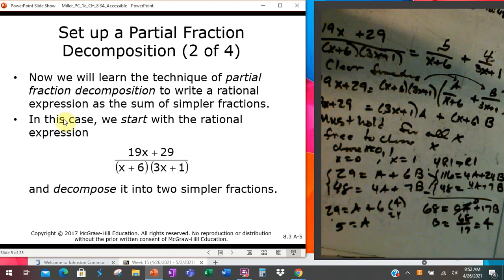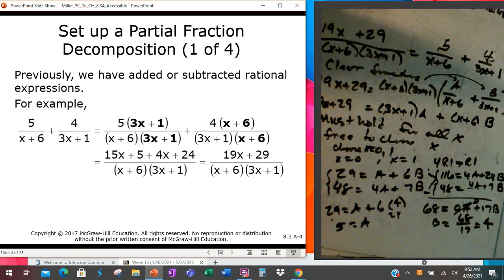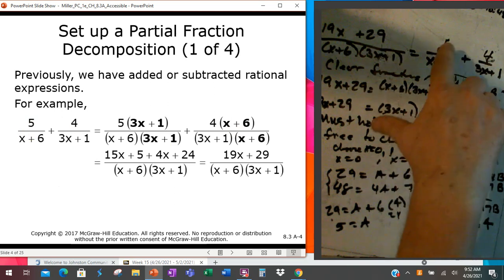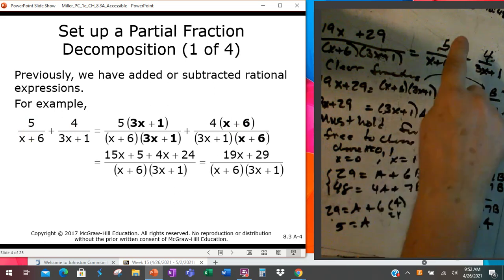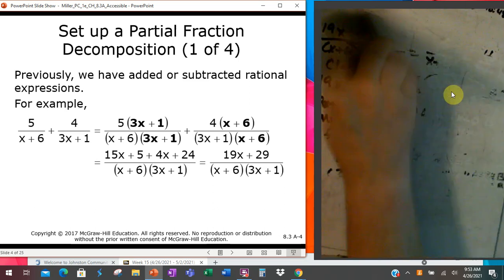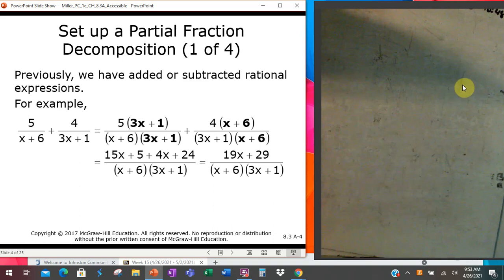And if we go back up here, there's our 5 over x plus 6. The a and the b must match. Once you've written this down, you have to go back and put it in the right place. There's our 5 over x plus 6, and our 4 over 3x plus 1. Okay, so let's move on from there.